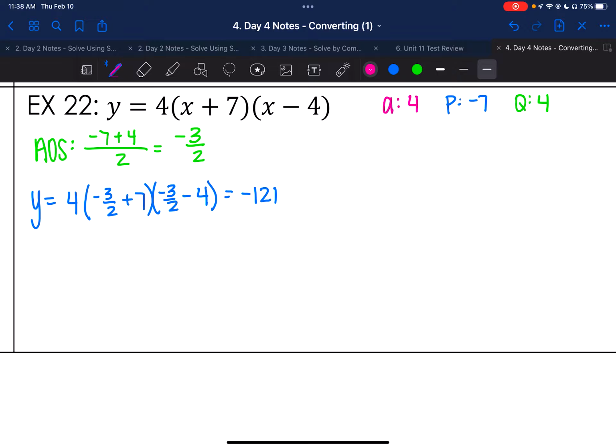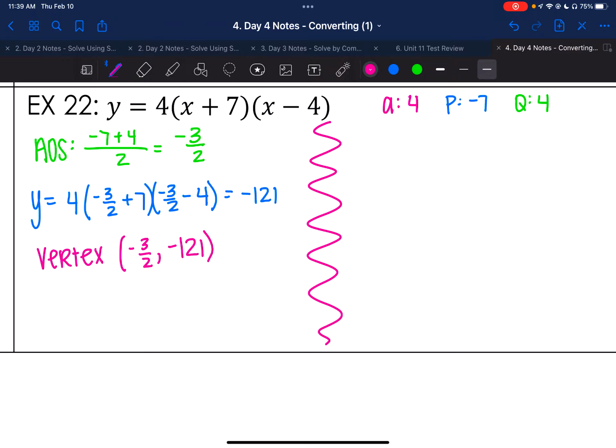So my vertex here is going to be negative 3/2 and negative 121. We'll plug that into vertex form, where my a value is 4, my h value is negative 3/2, and my k value is negative 121.